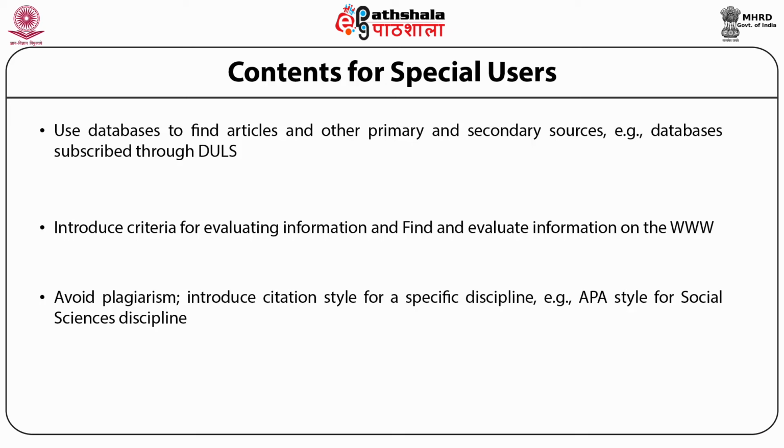So every group of users, like sciences, humanities, social sciences, or physics, chemistry, math, biology also, can be trained in one particular type of citation style and how to cite the information that they are using so that plagiarism can be avoided and the originality of the article can be maintained.